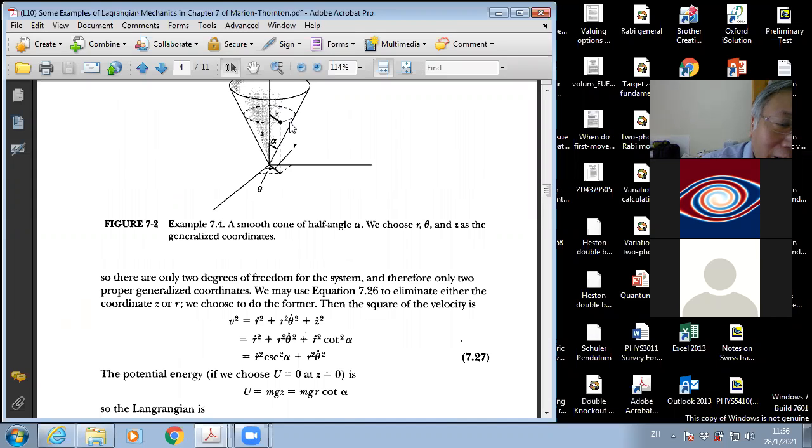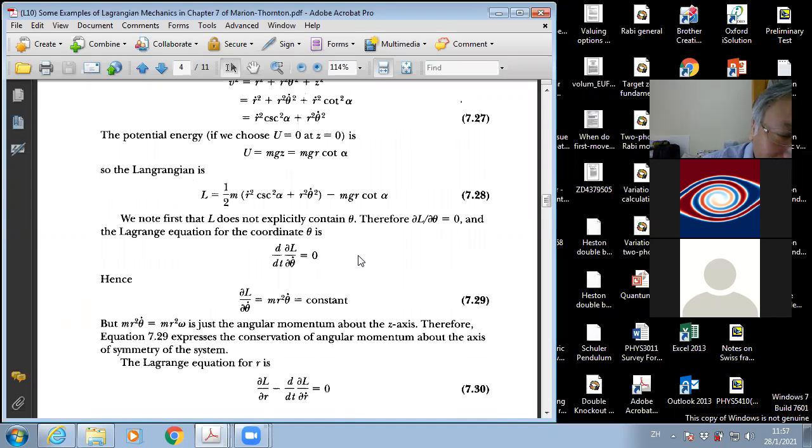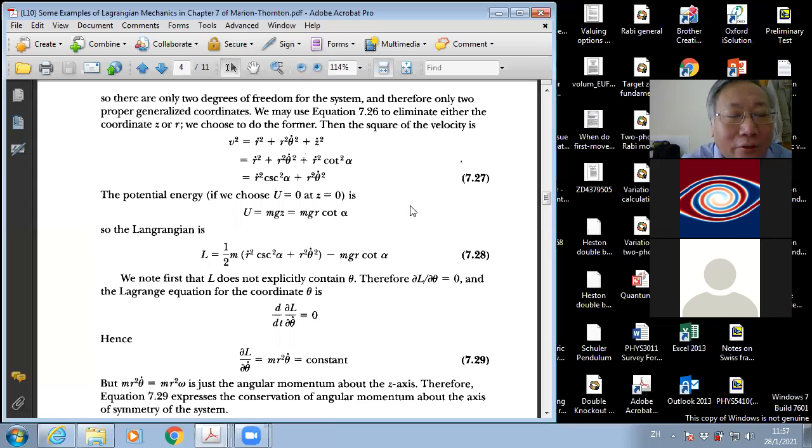And the inner surface has an adjacent angle, alpha, with respect to the z-axis, okay? And alpha is a constant. So we should have 3 variables, but with one constraint. So actually, we only have 2 independent coordinates, generalized coordinates, all right?